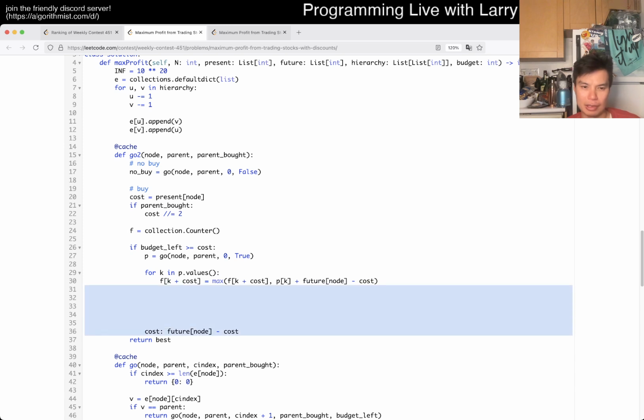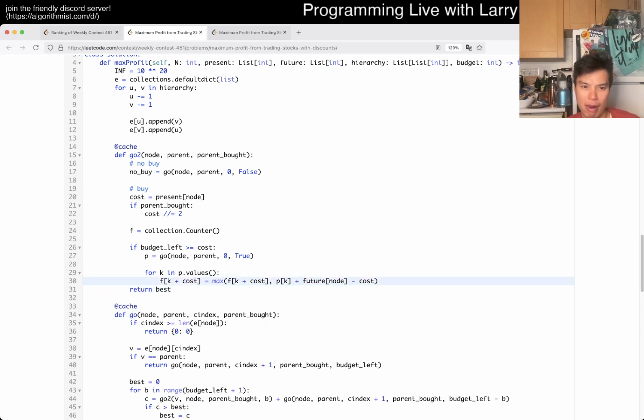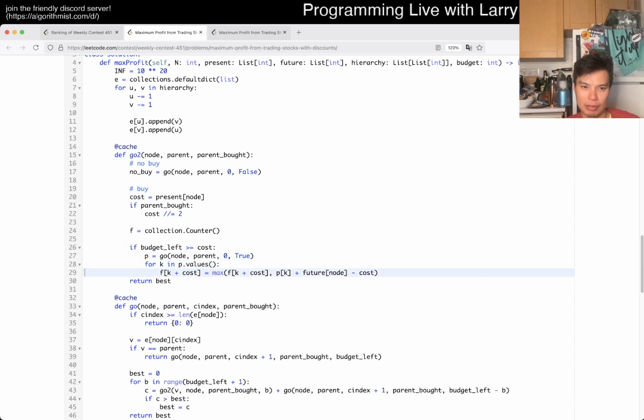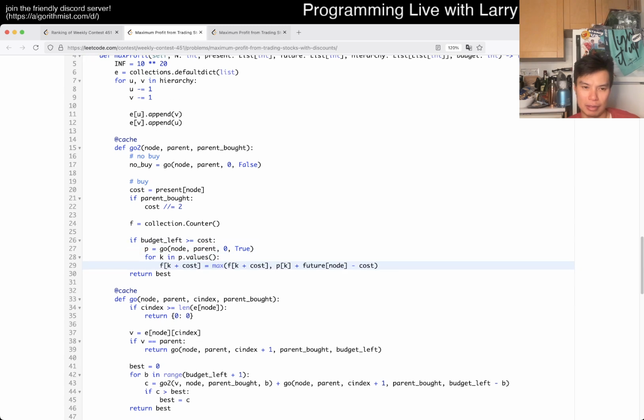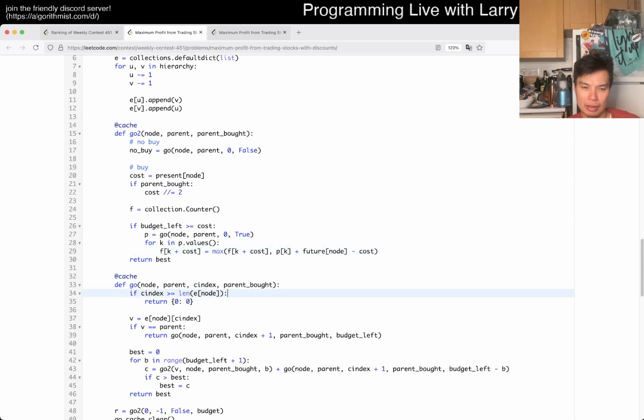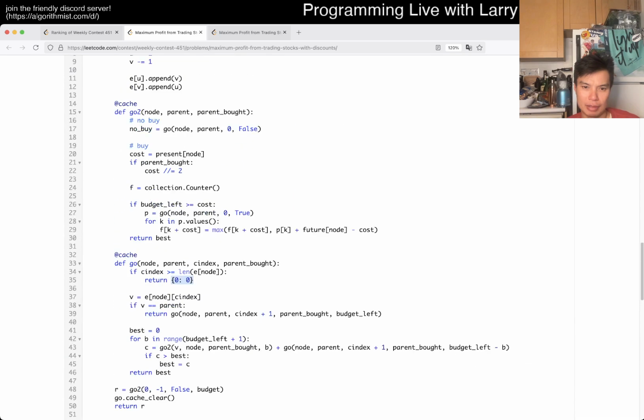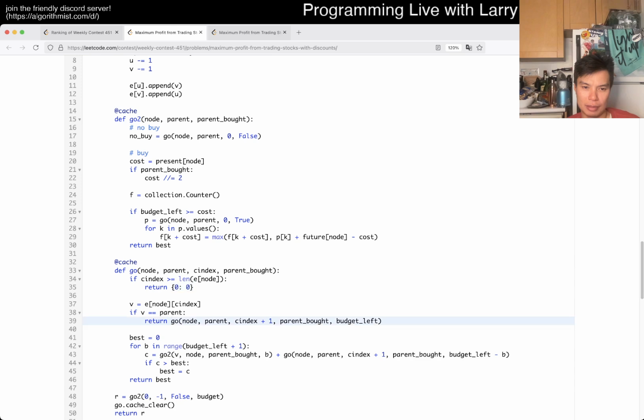I don't even know if this is useful, to be honest. But these are the, okay, so that's kind of what we have here for this. And then now here, yeah, this will return this. Otherwise, return the next number, okay.